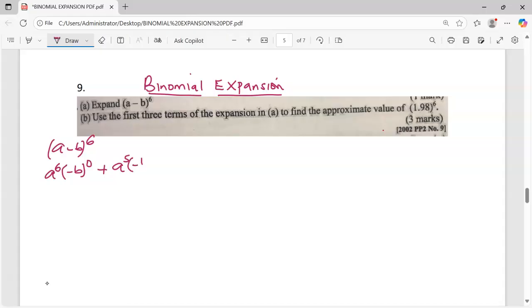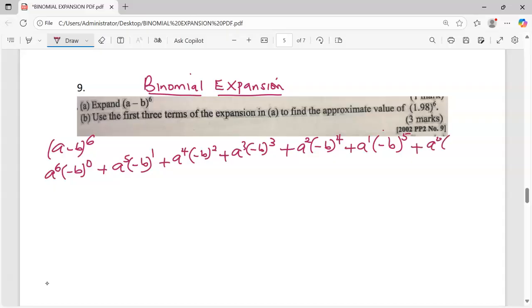Then multiply with minus b raised to the power of 1 from 0, plus a power 4 multiplied by minus b raised to the power of 2, plus a power 3 times minus b cubed, plus a power 2 multiplied by minus b raised to the power of 4, plus a power 1 multiplied by minus b raised to the power of 5, and lastly plus a power 0 multiplied by minus b raised to the power of 6.